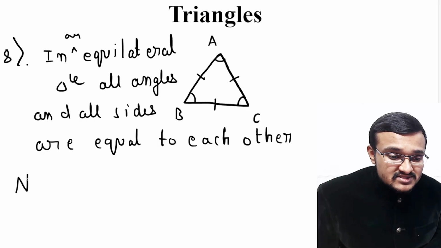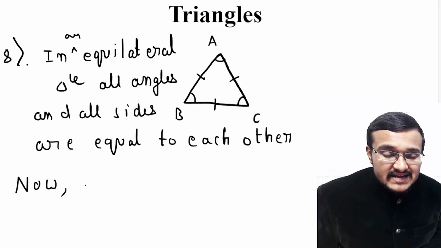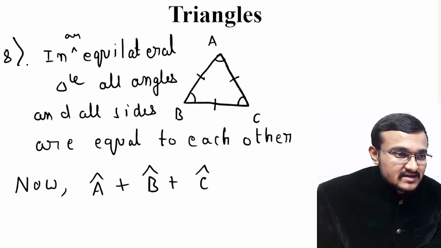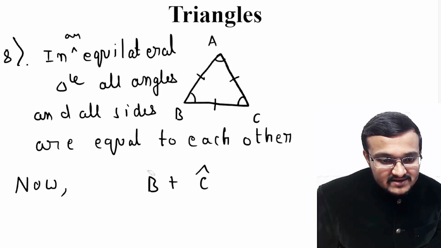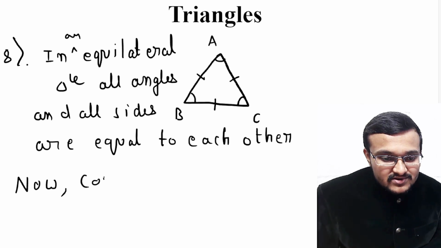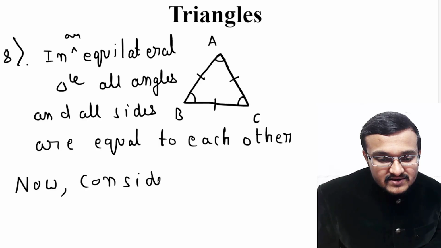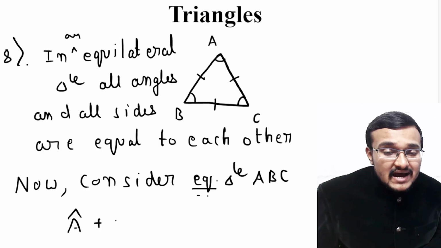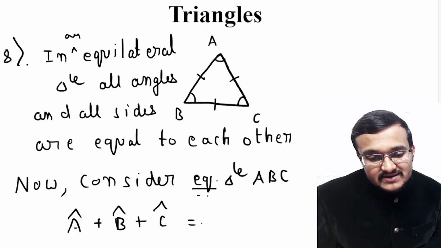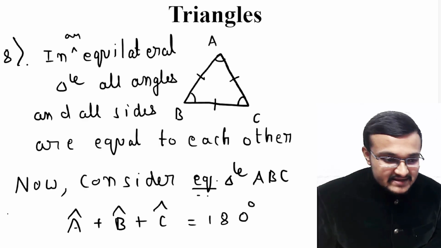Now the sum of the interior angles of a triangle is always equal to 180 degrees. That is angle A plus angle B plus angle C. So consider equilateral triangle ABC. In a triangle, if you add all the interior angles, that will be equal to 180 degree.